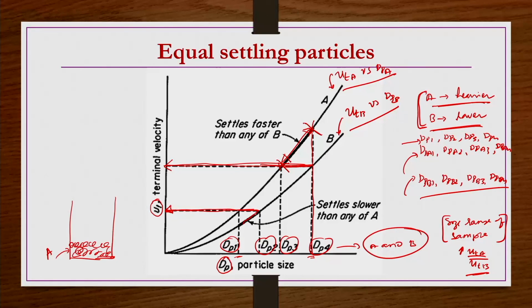Then, at the other, lower end, you take another terminal velocity. Here you can see this range of material, dp1 to dp2, the B type material has the lowest settling velocity compared to any particle of A type.